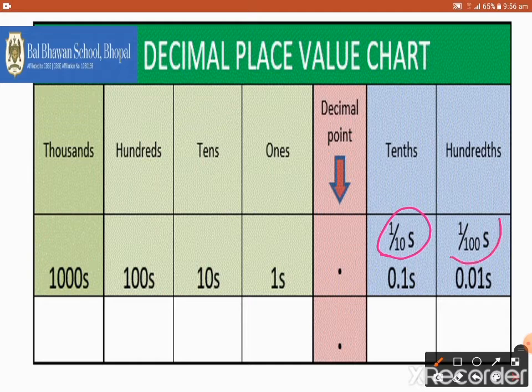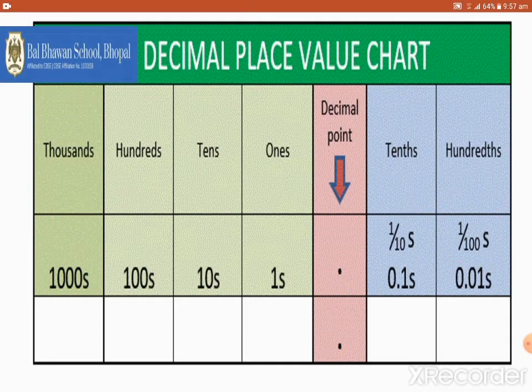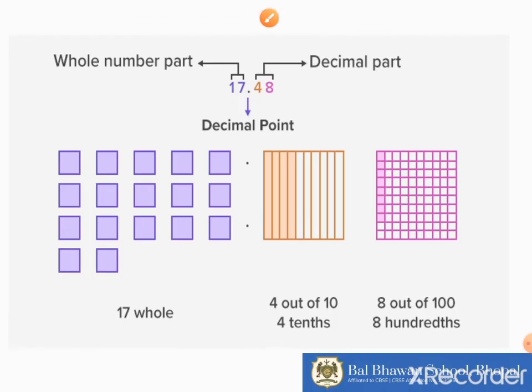Hundredth place means 1/100th, which is represented by 1 upon 100 in fraction or 0.01 in decimal form. After this, we have thousandth place, which can be represented by 1 upon 1000 or 0.001 in decimal form.